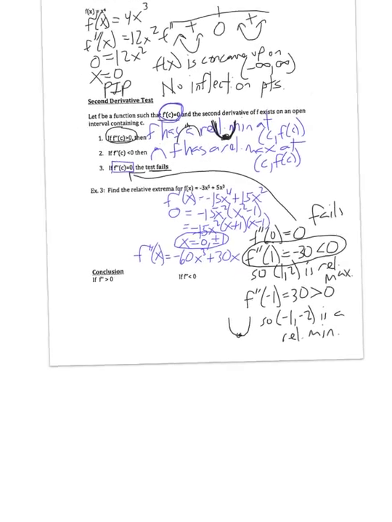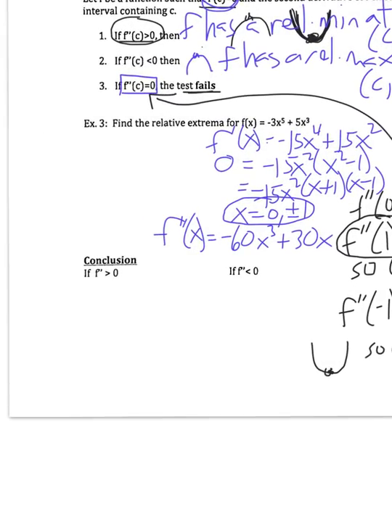So in conclusion, with the second derivative, if f double prime is positive, then f is concave up, and understand what it means to be concave up. That means f prime is increasing.